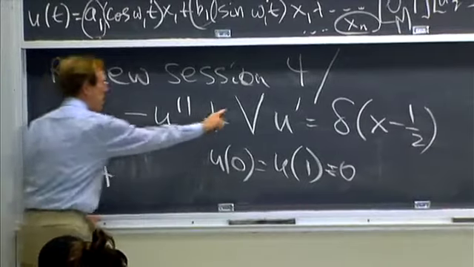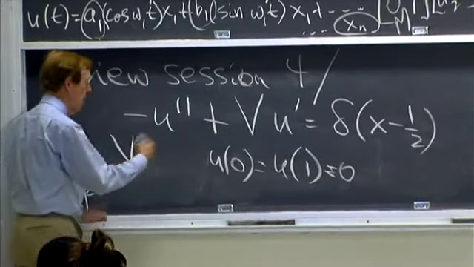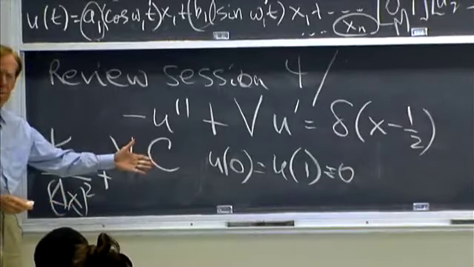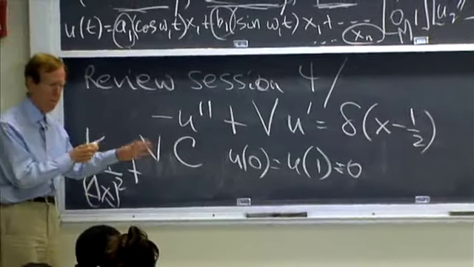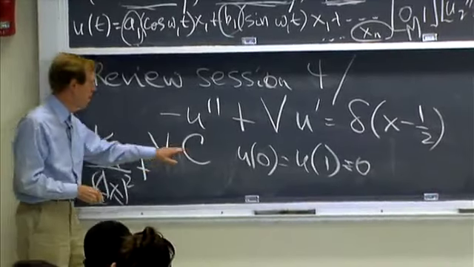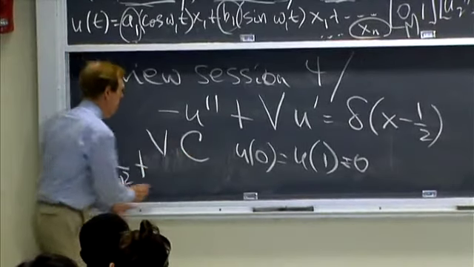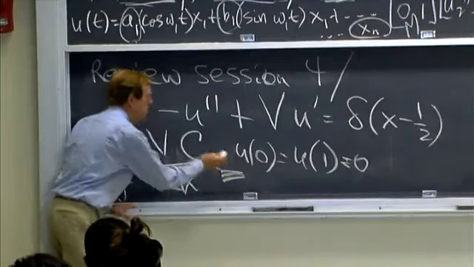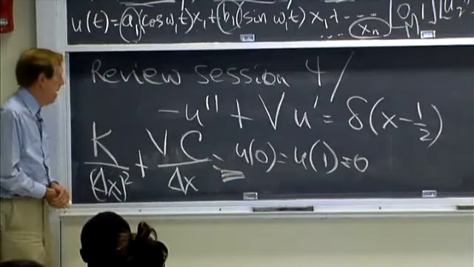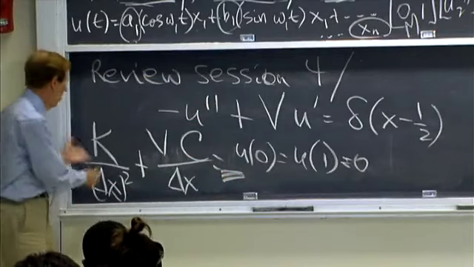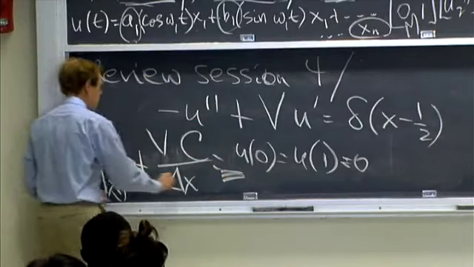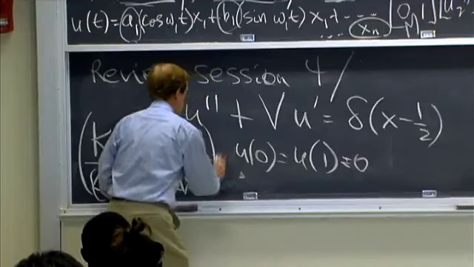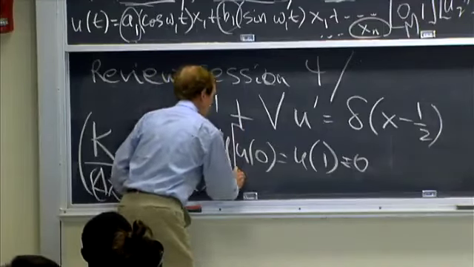And this term is v times some centered first difference, C over delta x. We called C a circulant earlier in the book. All that multiplies the discrete solution u.